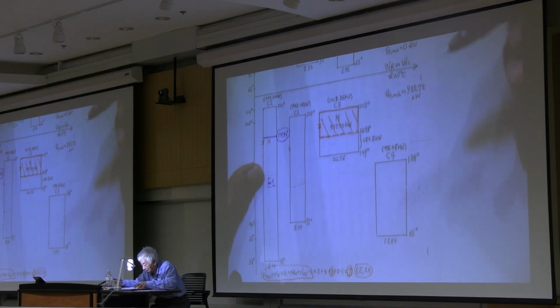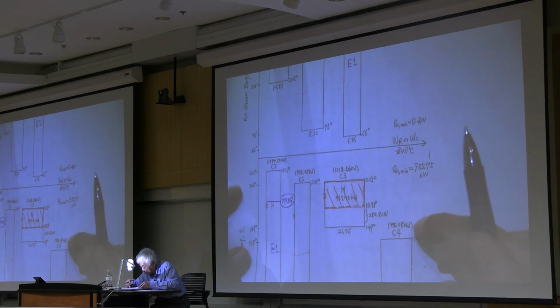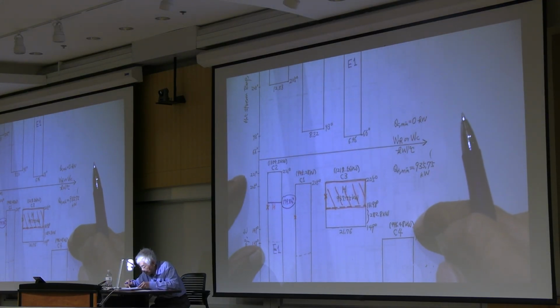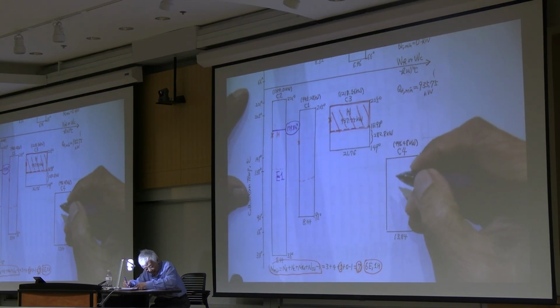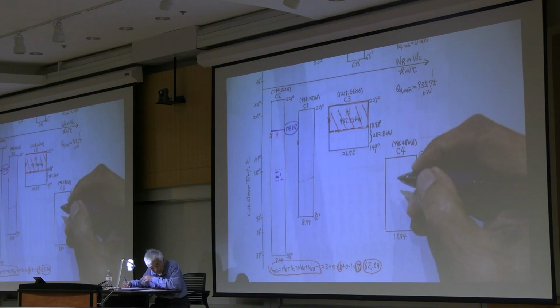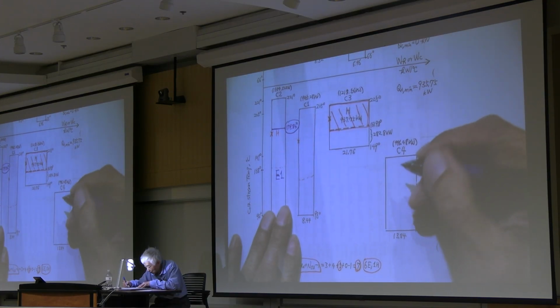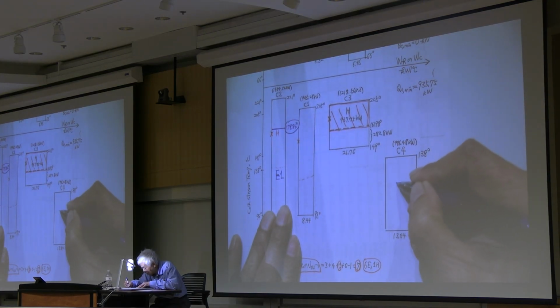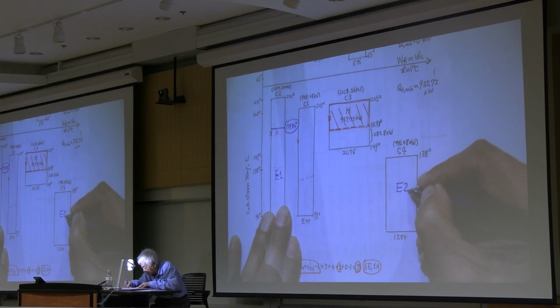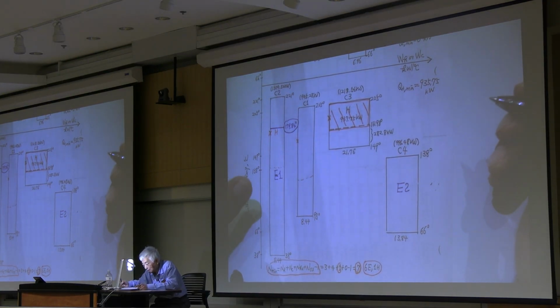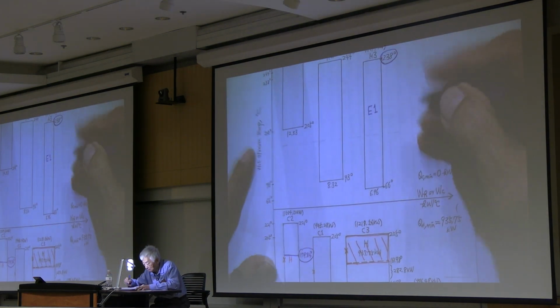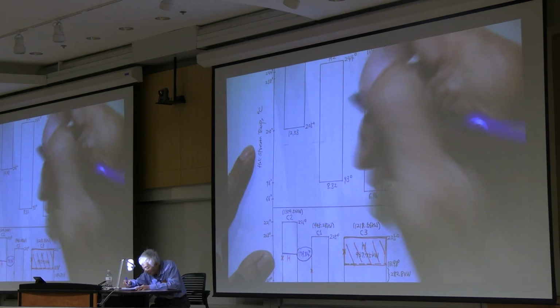Now, this is smaller one, 996.48. Let's take care of this. Call it E2. Where do you put it? Bottom up.